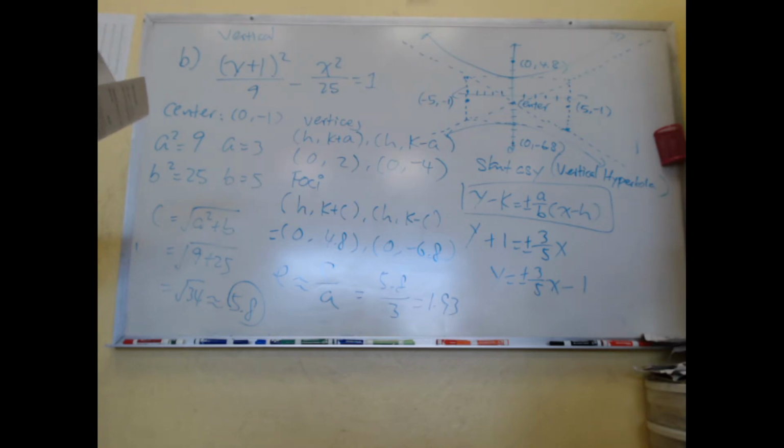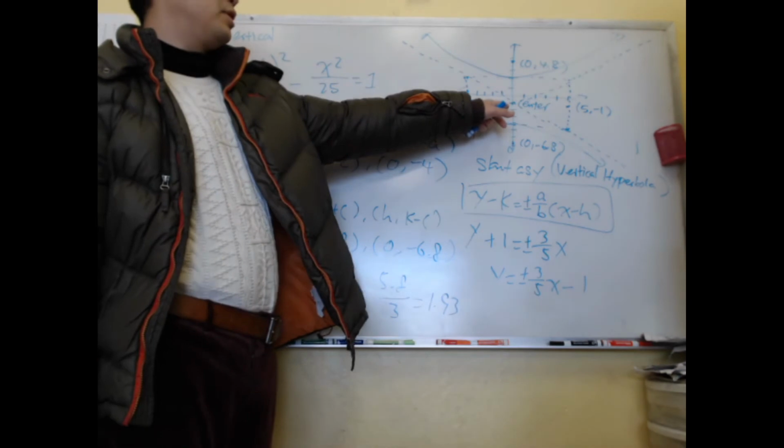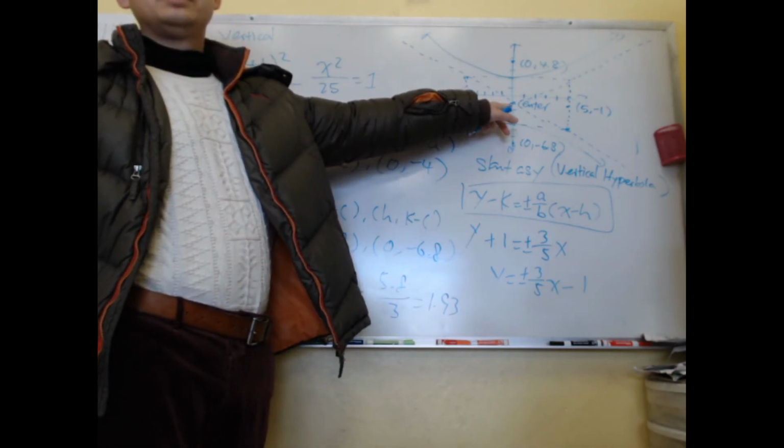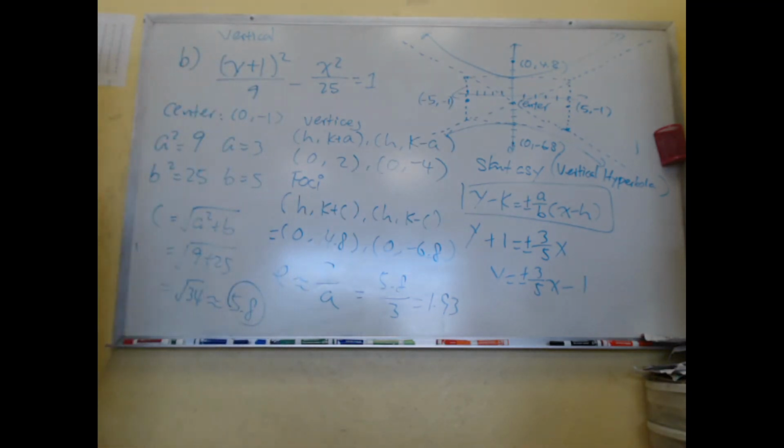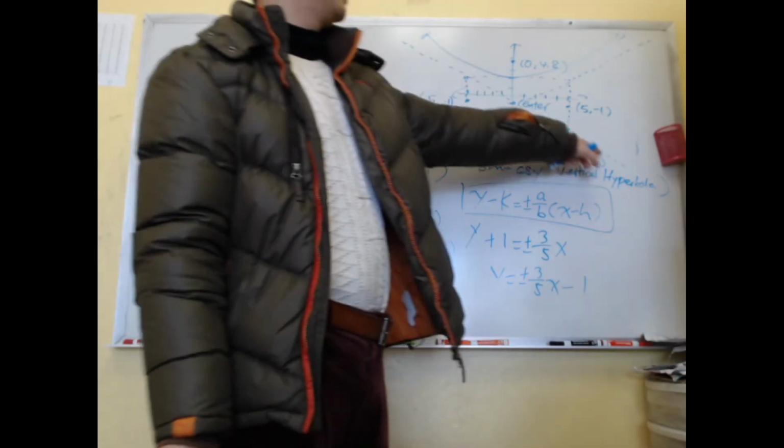I mean, you can plot the point first. You can set up the slant asymptotes on the graph and then figure out the values of a, b, the center, things like that. Keep that in mind: the center is always the point where those slant asymptotes intersect. Right? See that? Slant asymptotes.